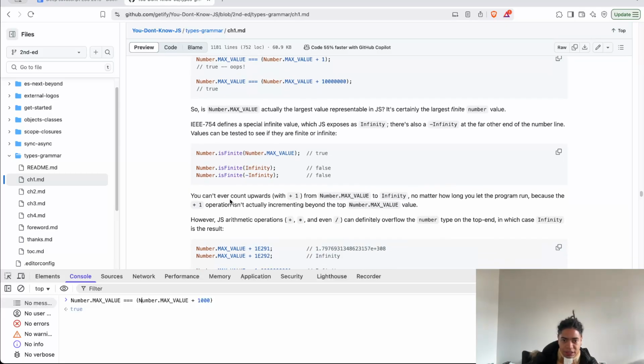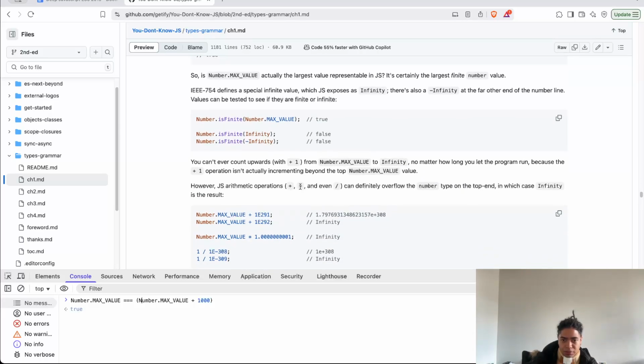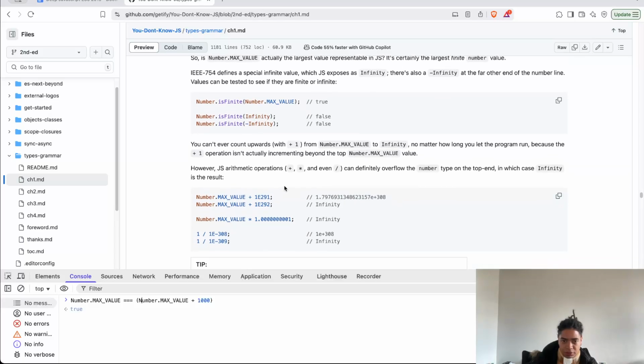You can never count over with +1 from Number.MAX_VALUE to Infinity, no matter how long you let the program run, because the plus 1 operation isn't actually incrementing beyond the top Number.MAX_VALUE. However, JavaScript arithmetic operations like plus, multiplication and divide can definitely overflow the number type at the top end, in which case Infinity is resolved.